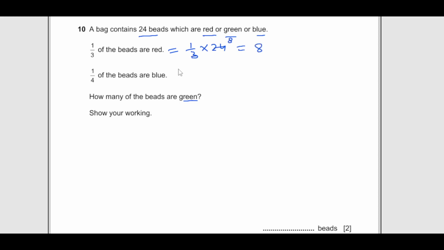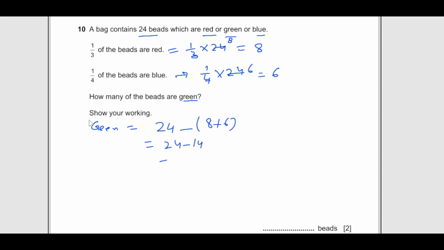So we have 8 red beads, and the blue ones, we have 1 by 4 are blue. So 4 times 6 is 24, so 6, right? And we are looking for the green. So green are going to be 24 total minus 8 plus 6. So this is 24 minus 14, that is 10. So our final answer is 10 beads, right?